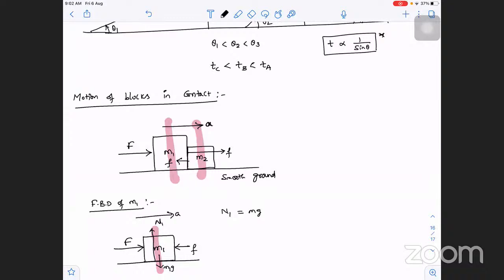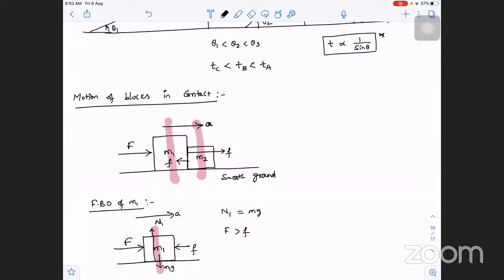As M1 is accelerating forward, which force should be more? See, there are two opposite forces acting, no? Capital F and small f. All of you see the M1 diagram? Capital F and small f are the forces acting opposite to each other. But the block is moving towards the right. That means capital F is more than small f.